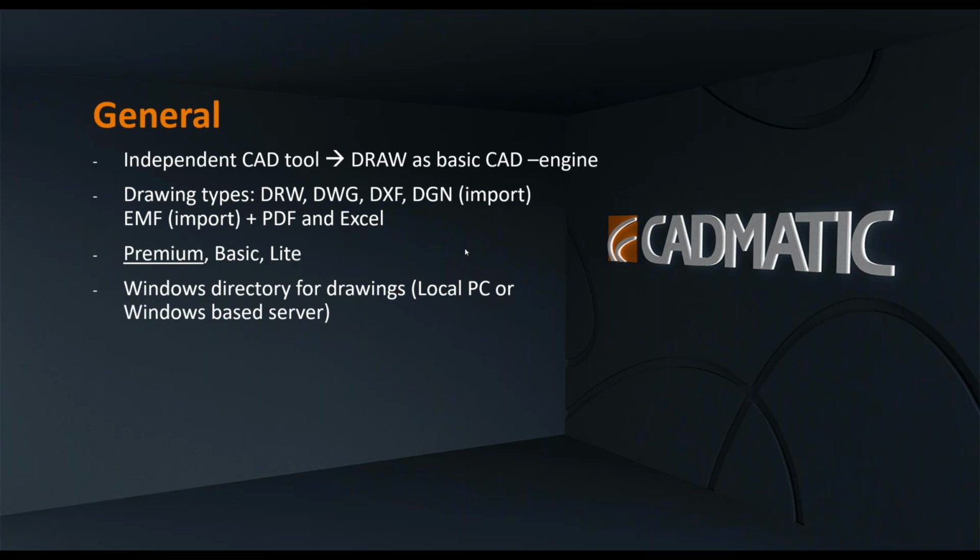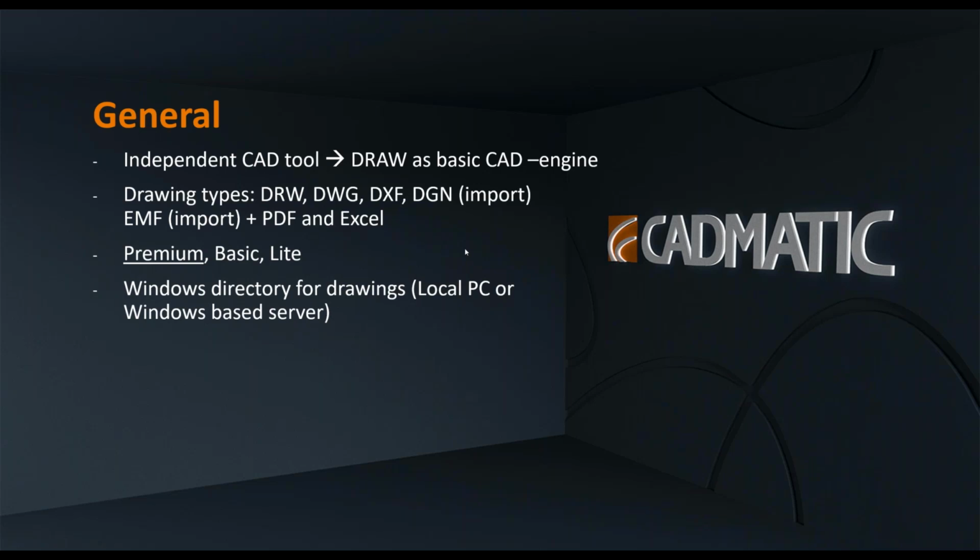But then we have our Premium version, which is the basic features plus a few features, of course, and then it has the project database. The Premium means that you will have multiple drawings that are connected to each other using our electrical database.